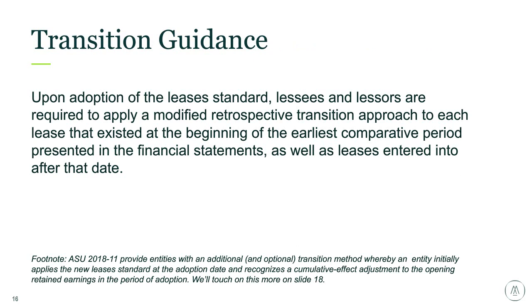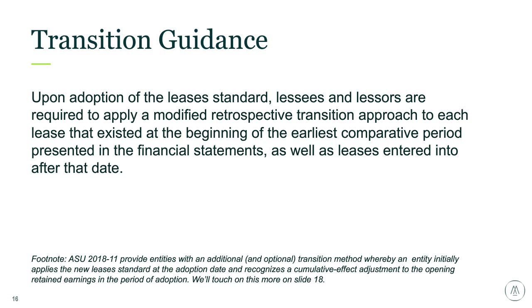Let's get into some transition guidance and some practical expedients as you start implementing the new standard. So when the guidance initially came out, it said that upon adoption of the new standard, the lessees and lessors are required to apply a modified retrospective transition to each lease that existed at the beginning of the earliest comparative period, and any leases entered into after that date.